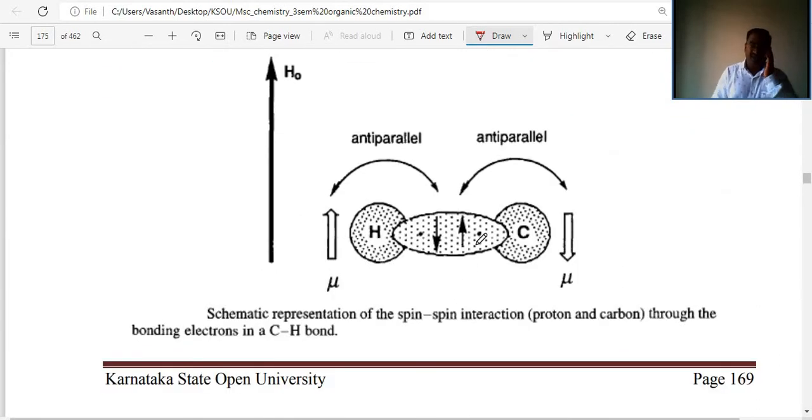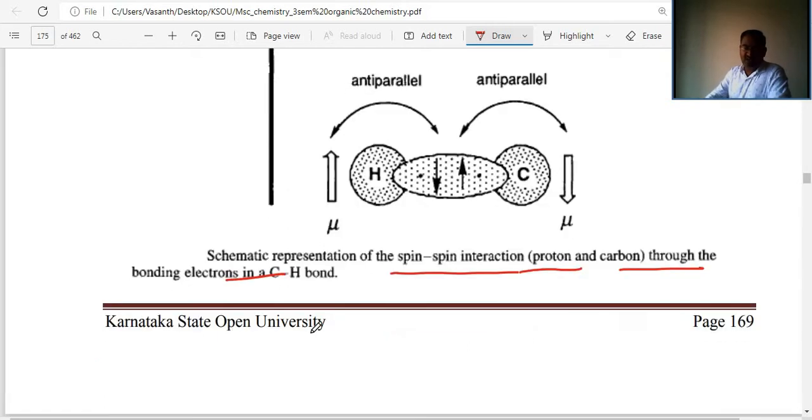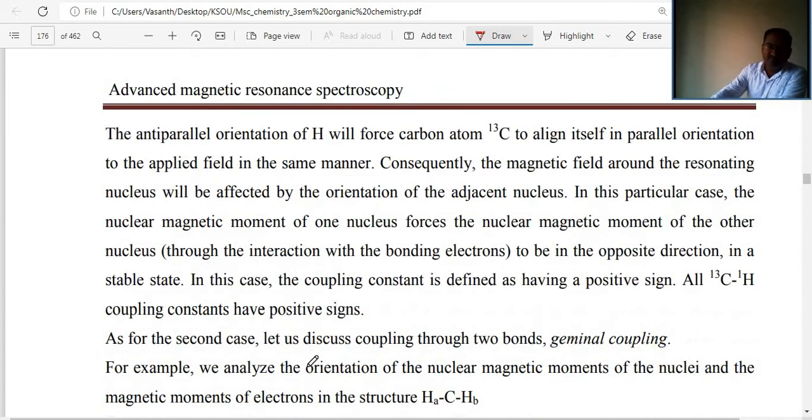This is the schematic representation of the spin-spin interaction of proton and carbon through the bonding electrons in the carbon-hydrogen bond.